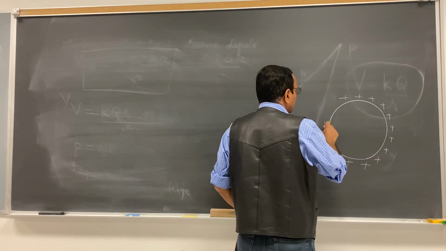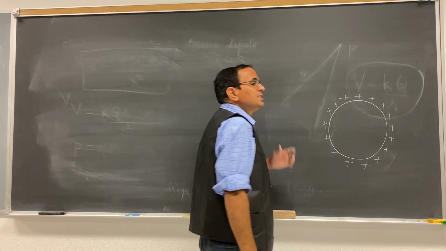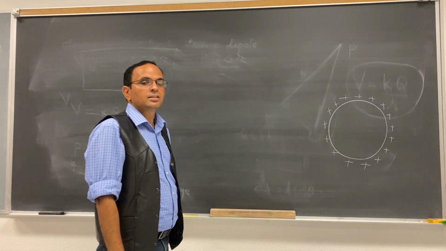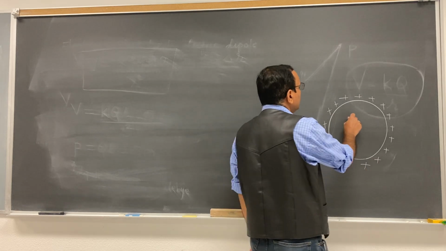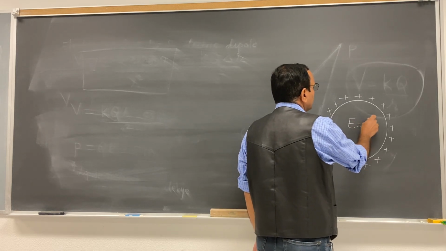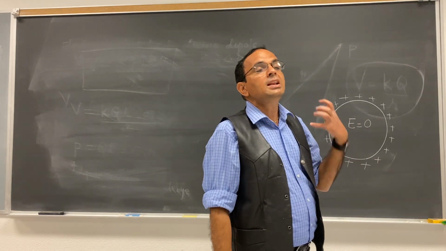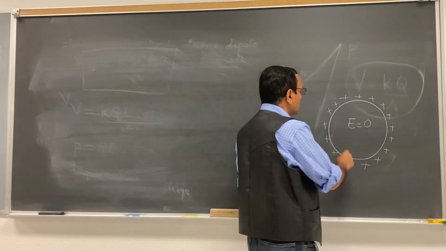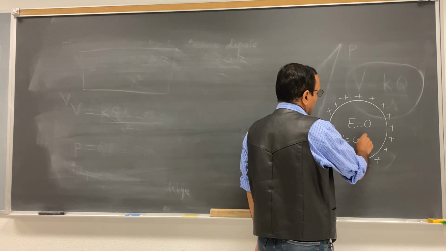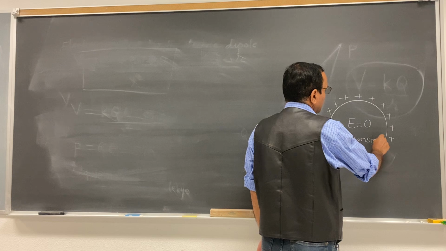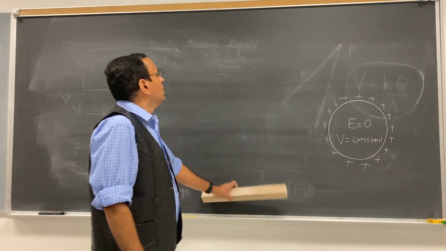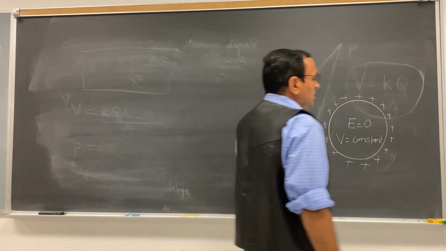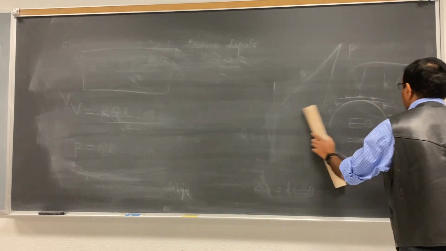There is no charge inside the conductor, and there is no electric field inside the conductor. Electric field is 0, but the electric potential V inside the conductor is constant. Good to know this. So this is all about the electric potential.